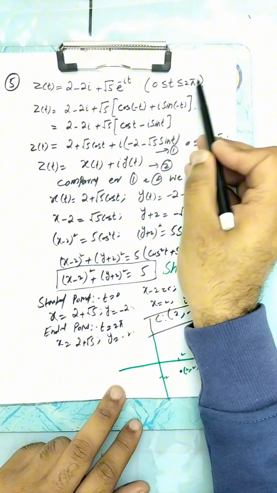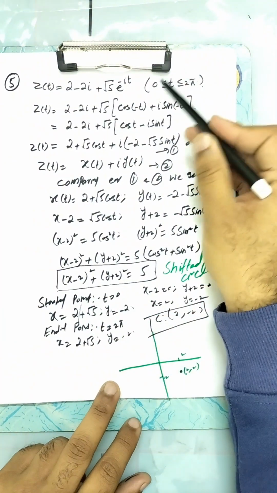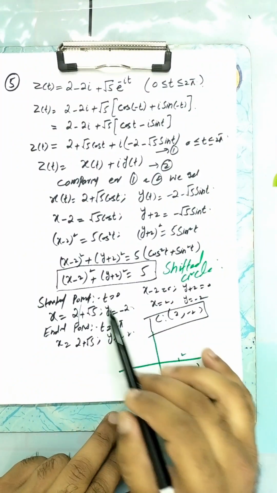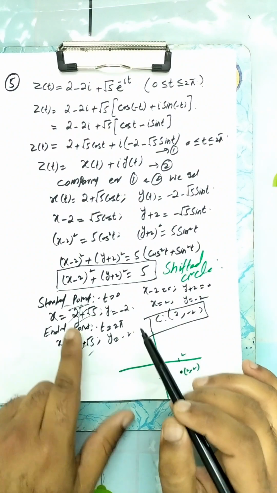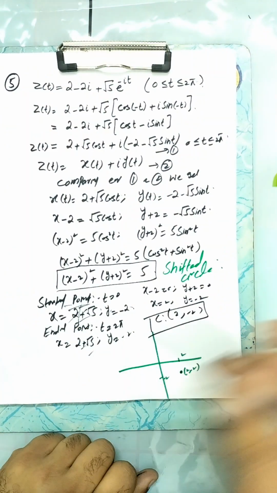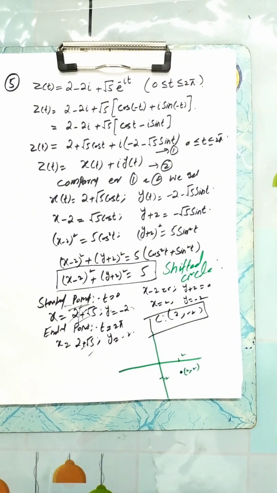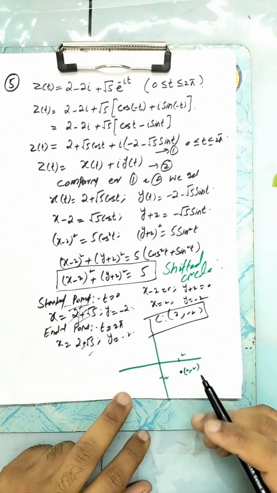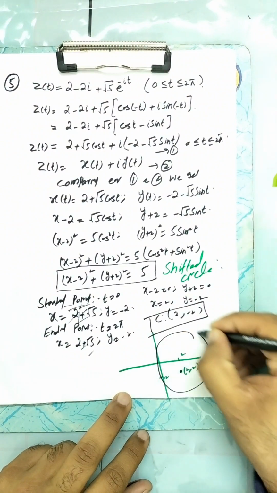The path is 0 to 2 pi, so this is a complete circle, and no need to check the starting and ending points, because the starting and ending points are the same. It means this is a complete circle, because in a complete circle the starting and ending points are the same. So we just draw the circle here.